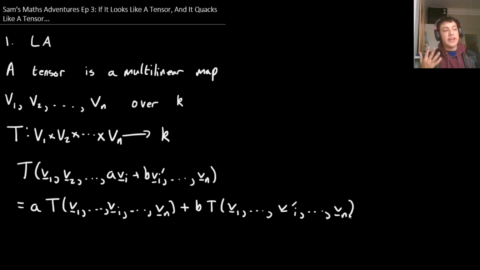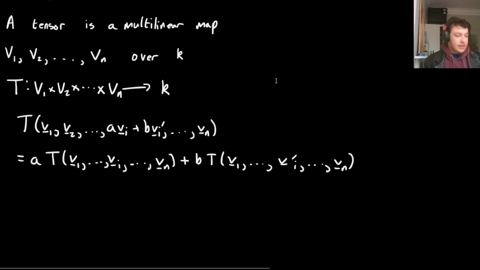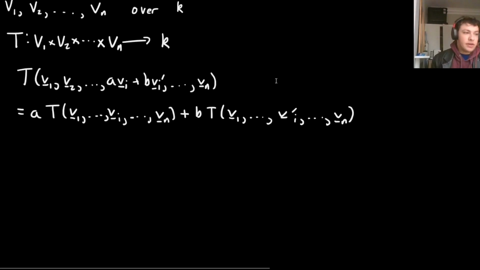Okay, so it's just linear in each of its n arguments. That is what a tensor actually is, the most basic definition. It's an actual concrete definition. It doesn't involve referring to tensors in any way.